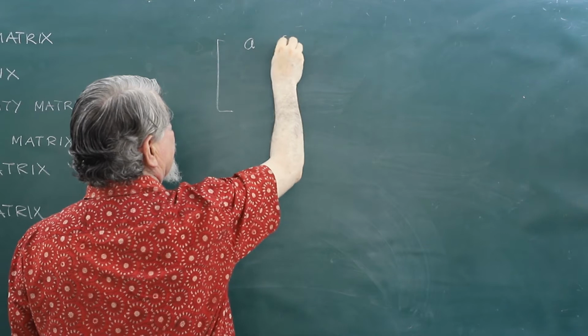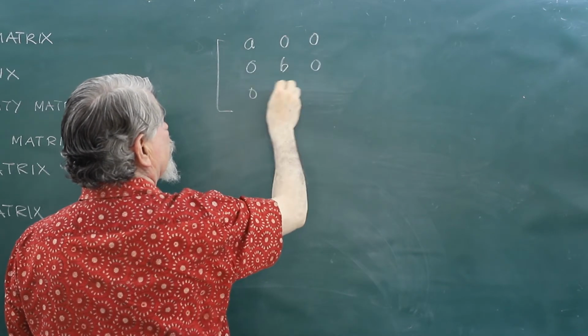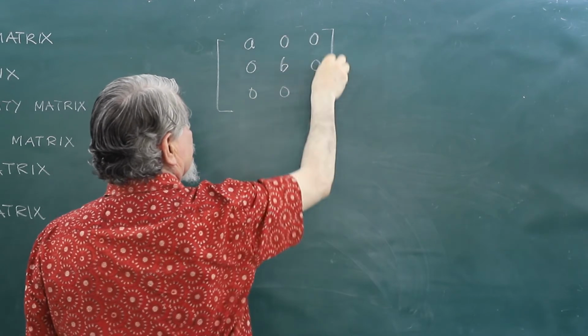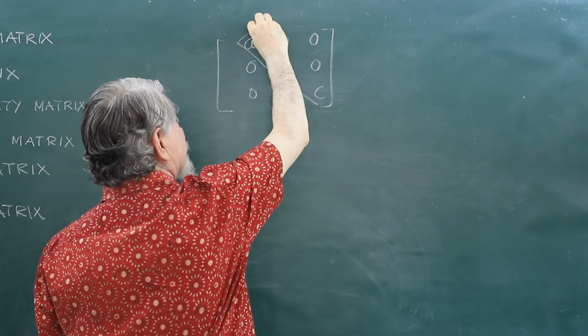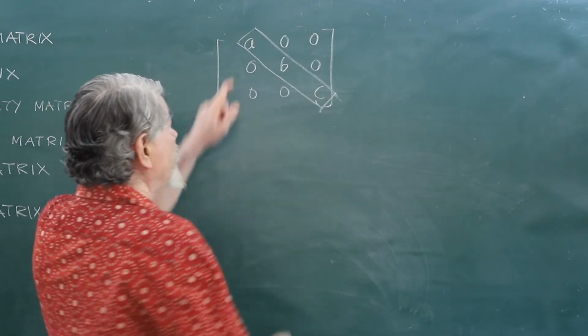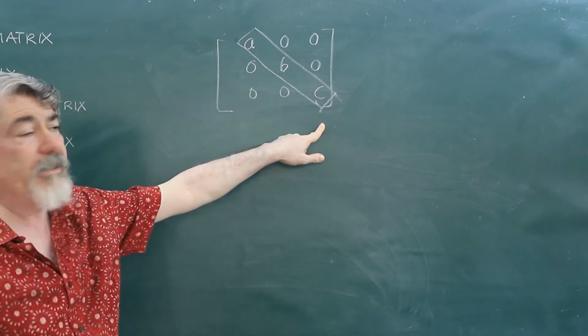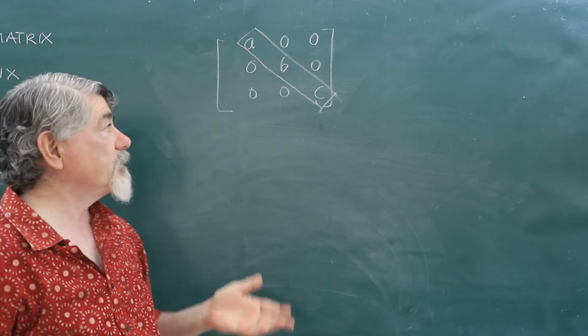For example, A 0 0, 0 B 0, 0 0 C. This is called lead diagonal, starting from top left to the bottom right. It has to be a square matrix, then only the diagonal is possible.